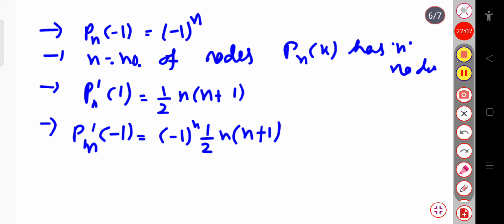Now we will see the generating function for the Legendre polynomial.